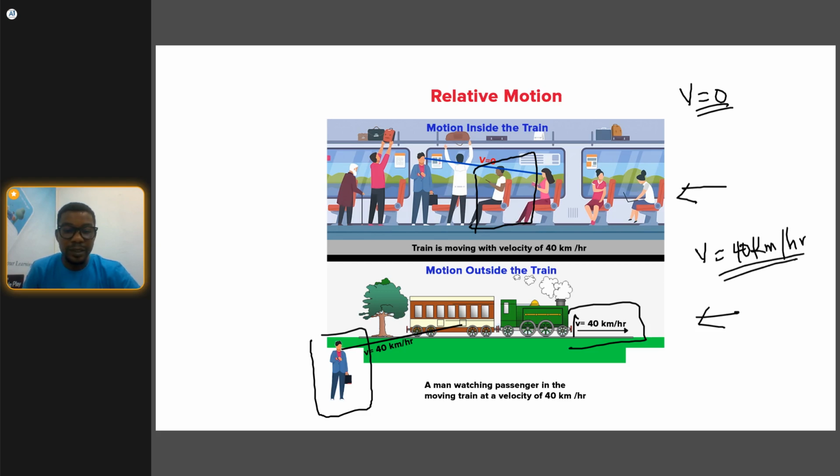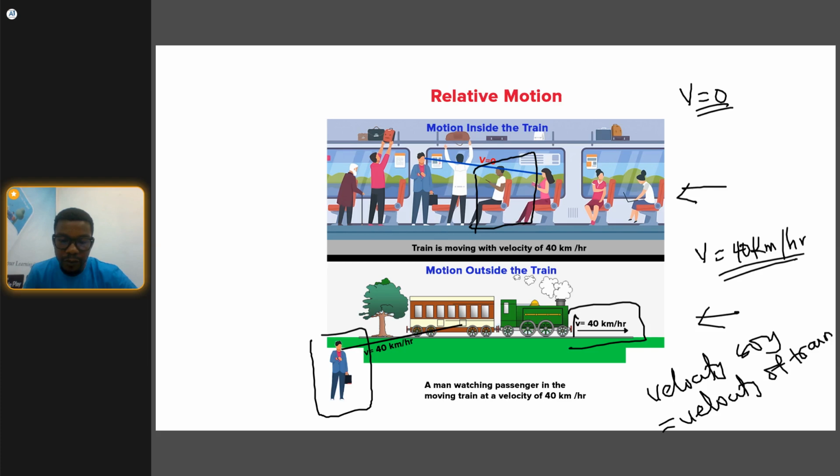So if we are asked to get the relative velocity of the boy, the velocity of the boy will be equal to the velocity of the train. And it is so because the boy in the train is not performing any motion, is static. So his own velocity at that moment is 0.